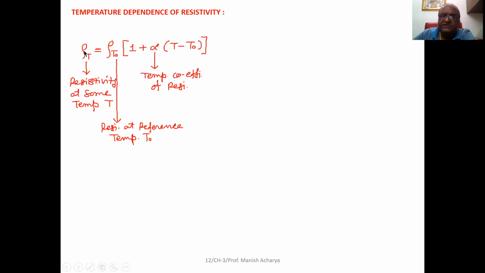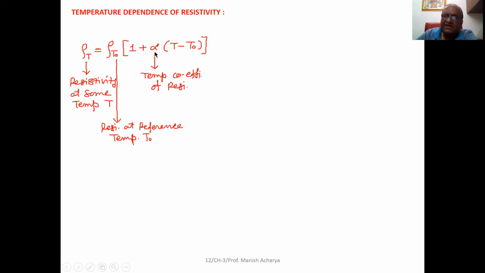So the equation is: resistivity at any temperature T, rho T, is equal to resistivity at temperature T0, where T0 is some reference temperature, into 1 plus alpha into T minus T0.